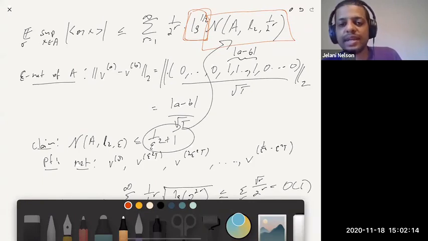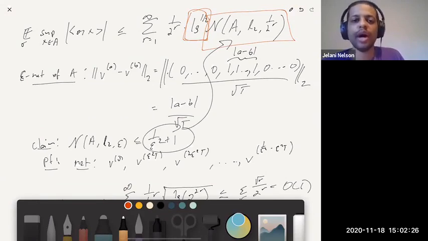But if we didn't decay like e to the minus lambda squared, but instead decayed like 1 over lambda to the 8th or something, then instead of root log, you would have the function raised to the 1/8 power. You would have the covering number raised to the 1/8 power, which is still enough to make this whole thing converge.